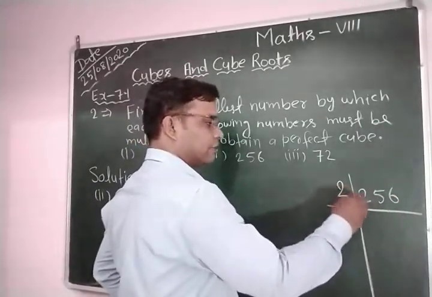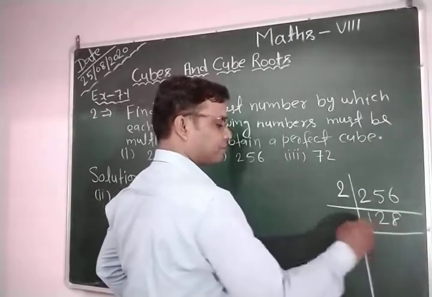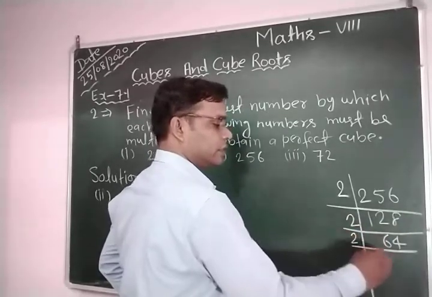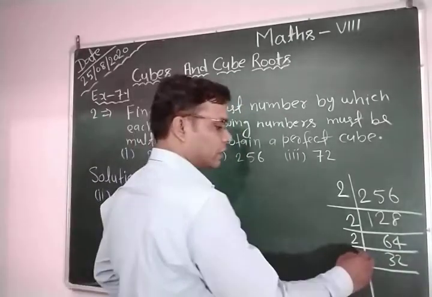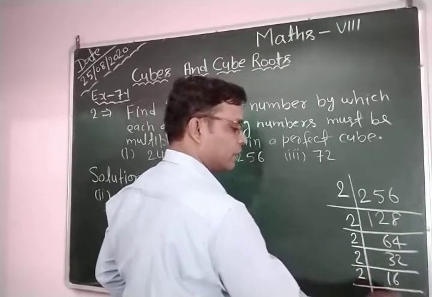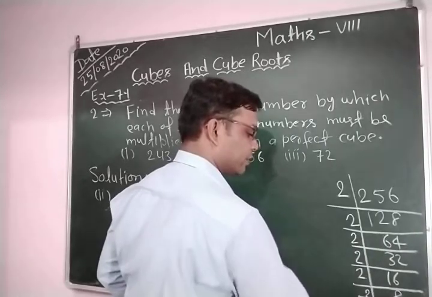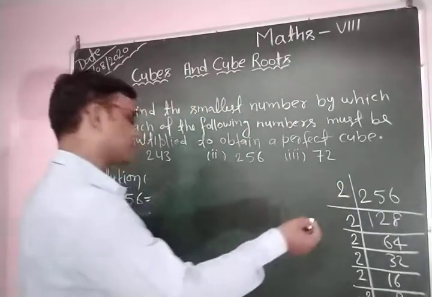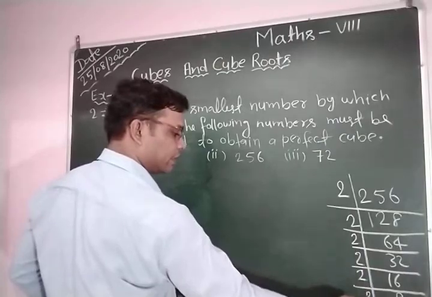So if you divide this number by 2, we get 128, again by 2 this is equal to 64, again by 2 this is equal to 32, again by 2 this is equal to 16, again by 2 this is equal to 8, again by 2 this is equal to 4, again by 2 this is equal to 2. So how many times can you express this? 1, 2, 3, 4, 5, 6, 7, 8.